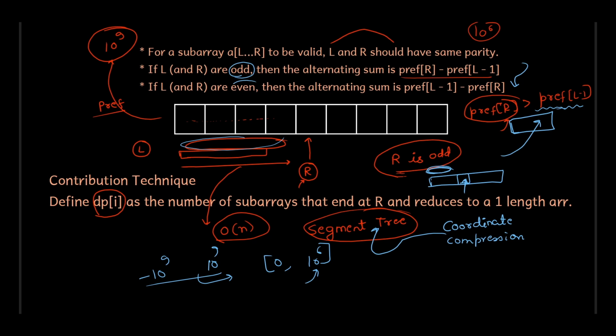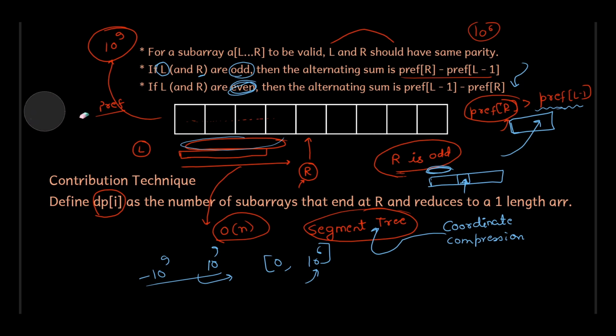What about the case that the r that you have selected is even? Of course, when you are selecting r as odd, you also have to ensure that l is odd as well. So you will maintain two segment trees, one for the odd indices and one for the even indices.